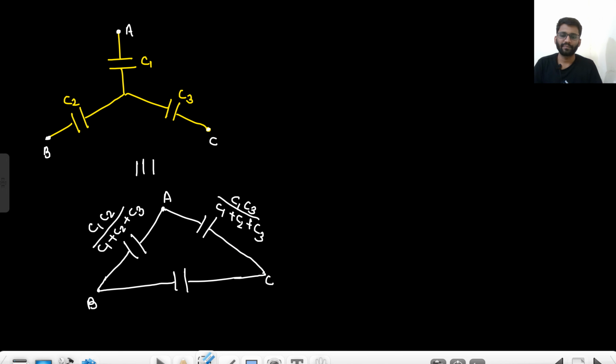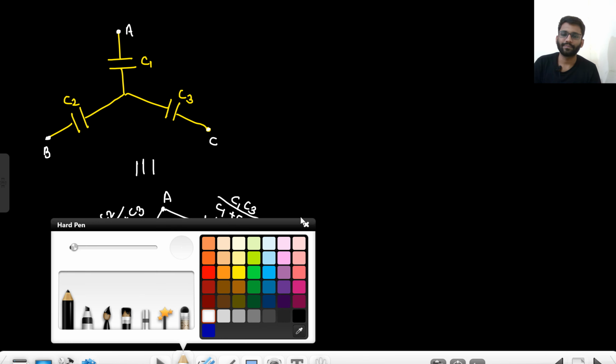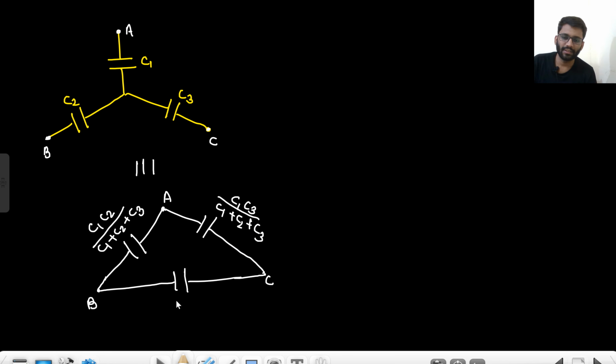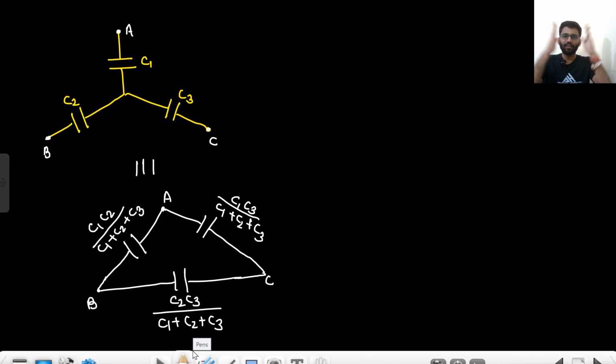Okay. And for this one, what we will write? C2 C3, multiplication of both of them, upon C1 plus C2 plus C3. Now how will you remember it? You will remember one thing. If we are going out, it should increase. If we are going out from star to delta, it should increase.